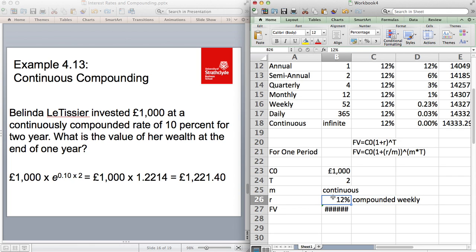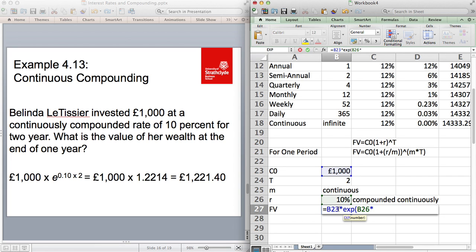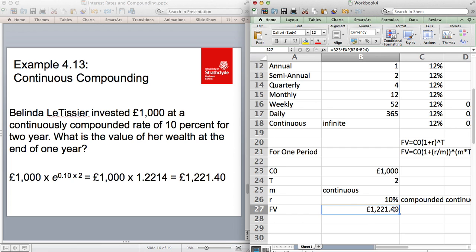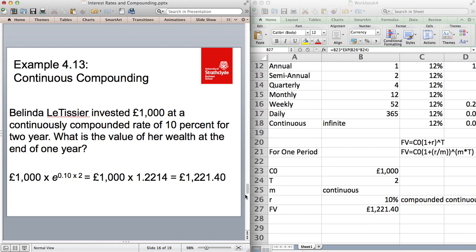It's 10% compounded continuously. So what's FV? Well, FV is equal to C0 times EXP to the power 10% times 2 periods. And it comes out to be 1,221.40.